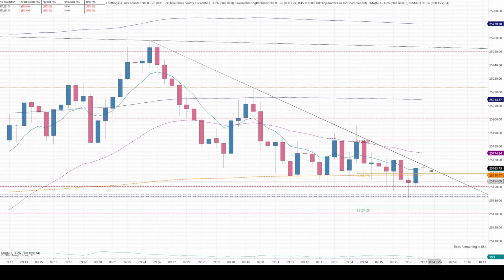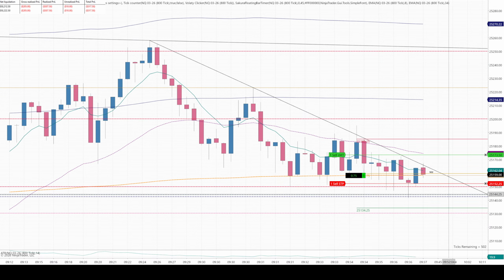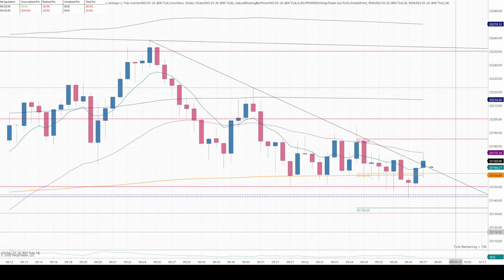Tried to go short at VWAP and it didn't work. There we go.